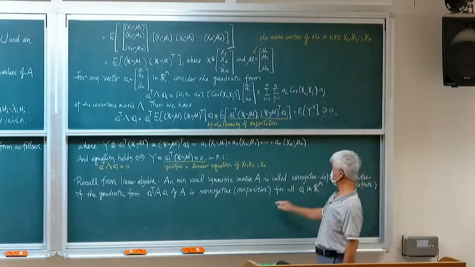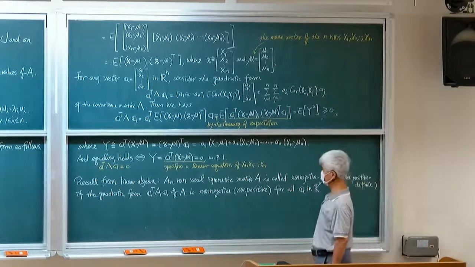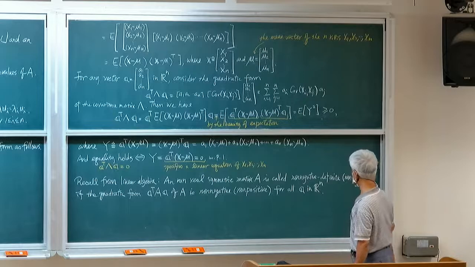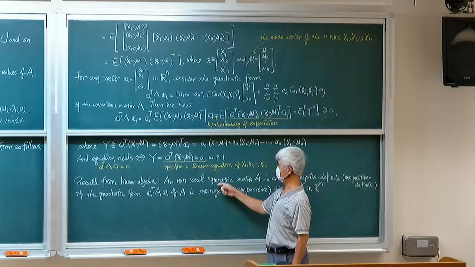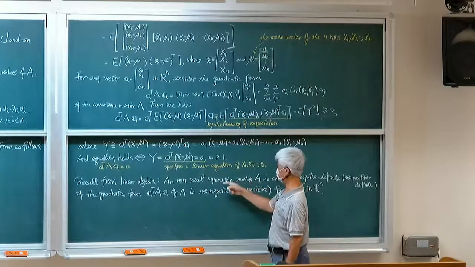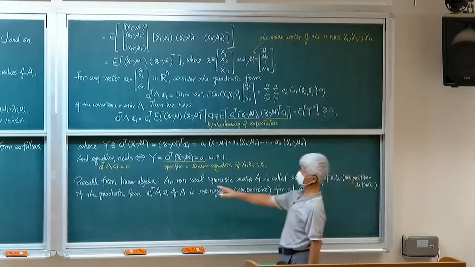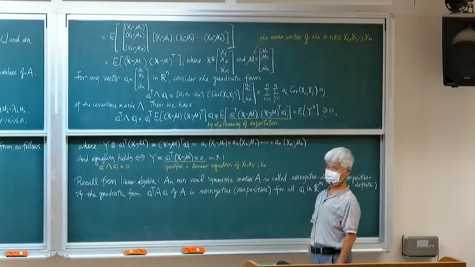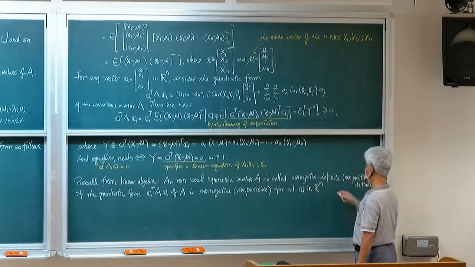So in the real case, for a real matrix to be non-negative definite or non-positive definite, you are required that A should be symmetric. Then you check the quadratic form to see whether it is always non-negative or always non-positive, to justify whether this symmetric matrix A is non-negative definite or non-positive definite.